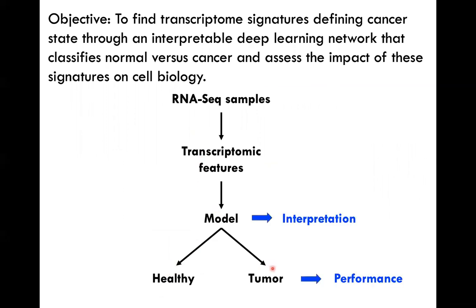Once we have a successful model, we want to interpret this model to figure out which transcriptomic features have the greatest weight in the model and use these features as a transcriptomic definition of cancer, from which we can assess whether we mostly recapitulate the known genomic signatures of cancer or unveil new transcriptome-specific patterns that would inform us on the biology of cancer.